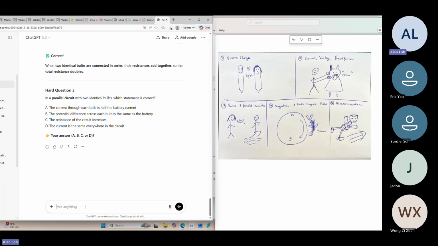Okay, Yunjie. Which drawer, which answer? Drawer 3. All right. In a parallel circuit with 2 identical bulbs, which statement is correct?